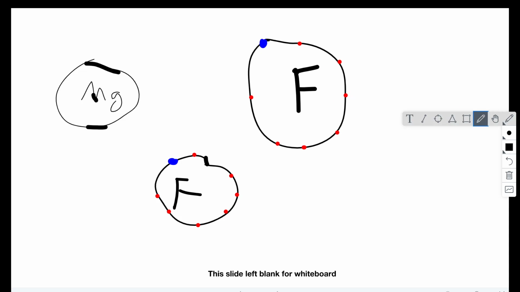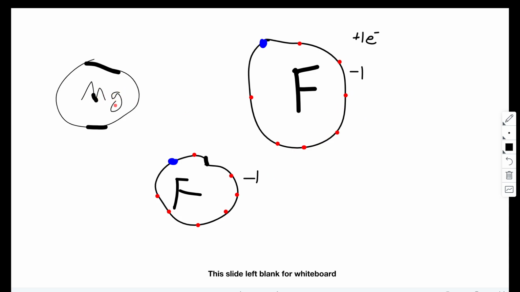Because they've each taken an extra electron, they have +1 electron, which means that they're going to have a -1 charge. Okay? So both these fluorines have a -1 charge.